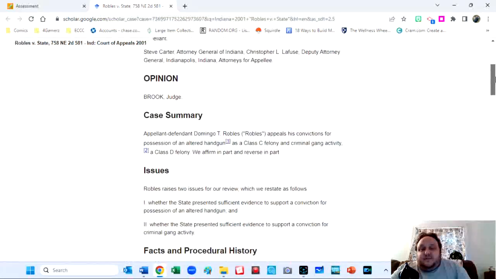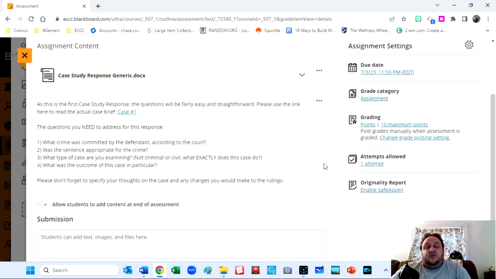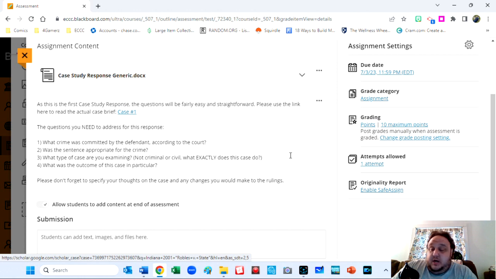I made sure that the first two are fairly short and easy to go through. They're not long cases. Some of our other ones are longer, but this is your chance to get a general start.